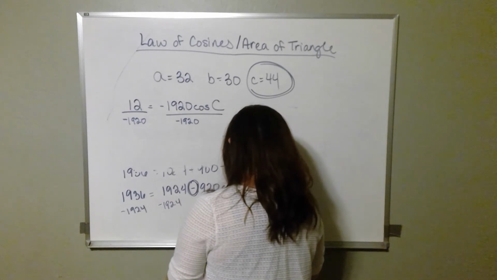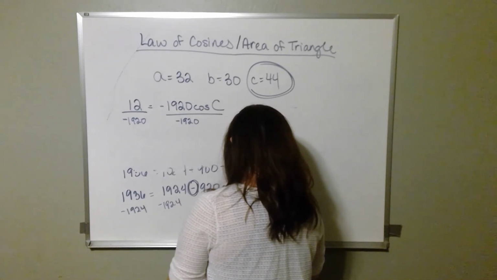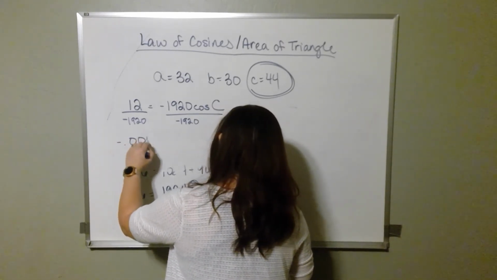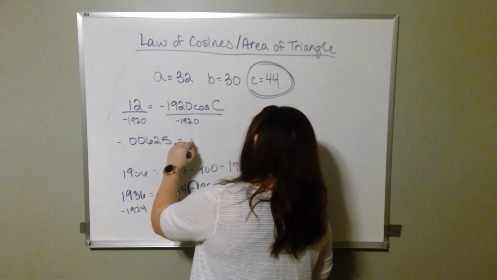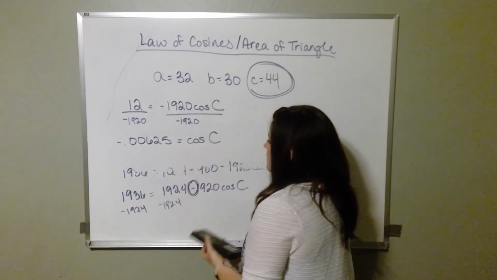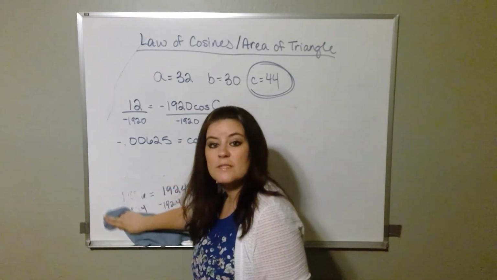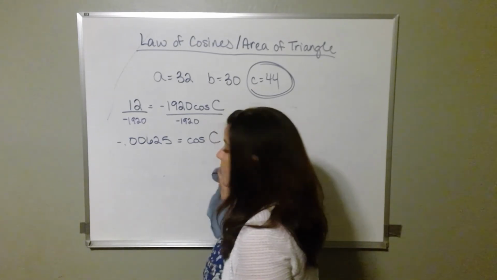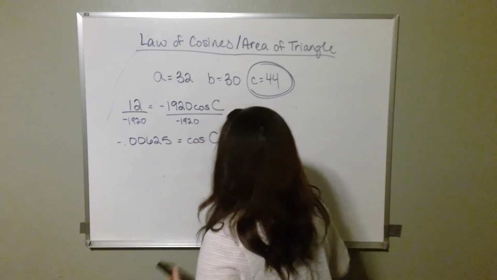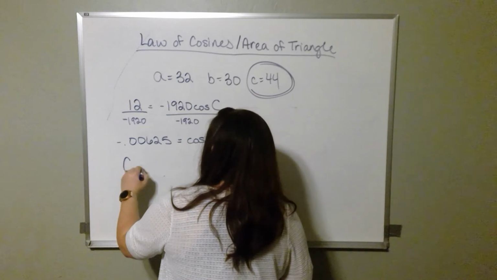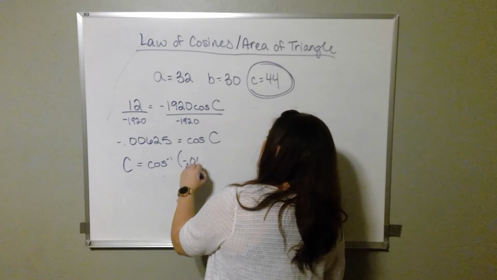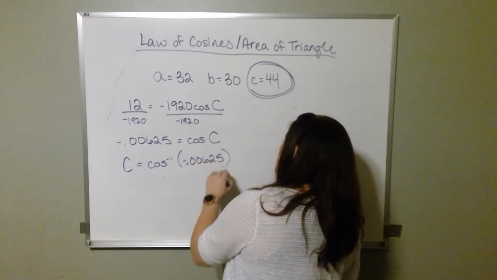So that's going to be a small number. So over here I get negative 0.00625 equals the cosine of C. So we know how to do this from here. If this is the cosine of C, to find C, I have to use inverse cosine. So to find C, you're going to do the inverse cosine of negative 0.00625.